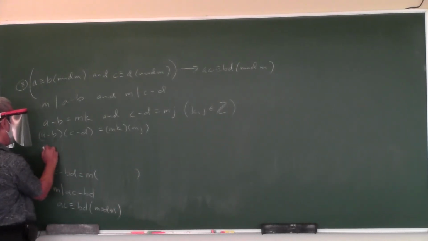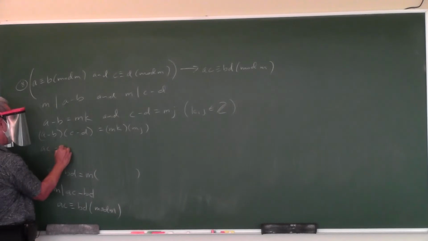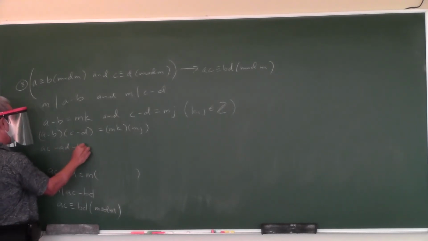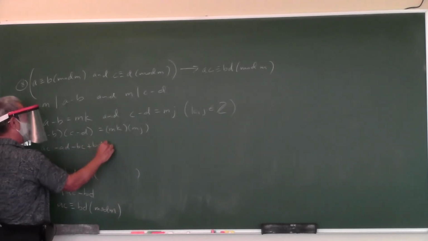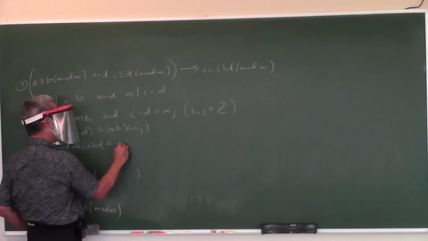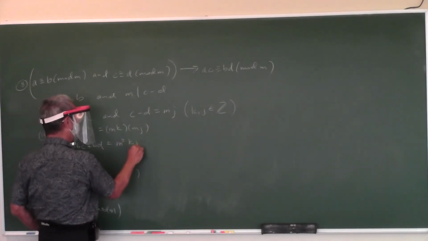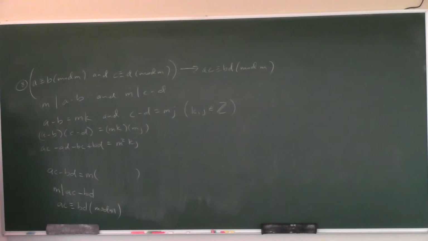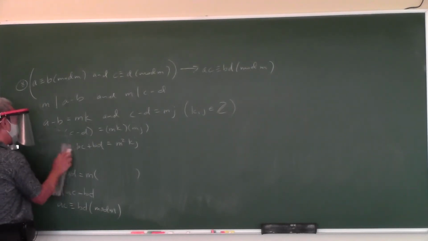Multiplying this out, you would have AC minus AD minus BC plus BD is equal to, shall we just write, M squared KJ then? Never mind. Okay, we got stuck here because look, this is AC plus BD. We need AC minus BD. So we got stuck, so erase.